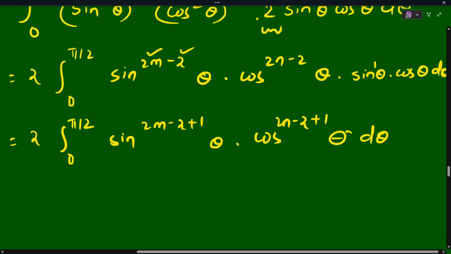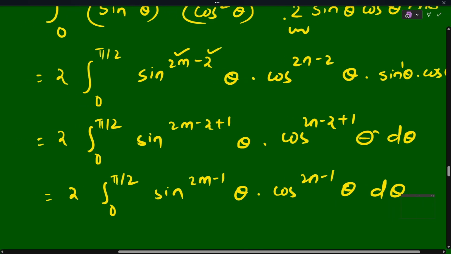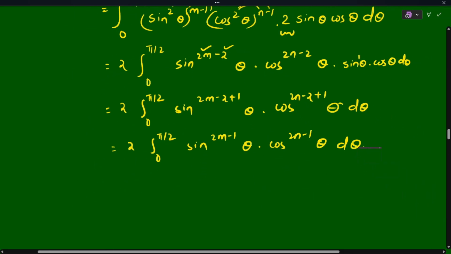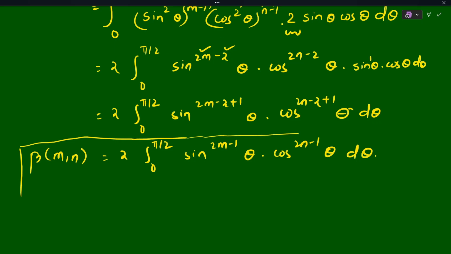On solving, this one is 2 times 0 to pi by 2, sine 2m minus 1 theta into cos 2n minus 1 theta d theta. So here we got our next formula, which is beta mn is equal to 2 times 0 to pi by 2 and the rest of the terms.